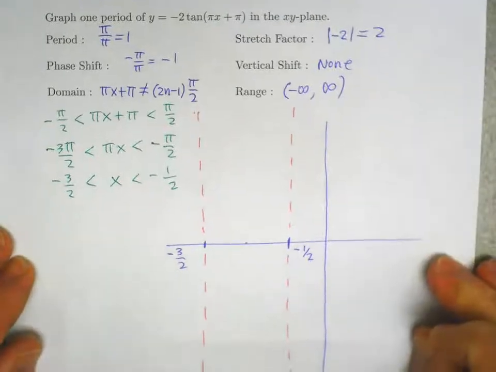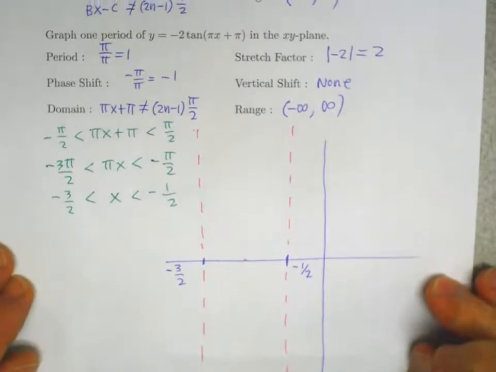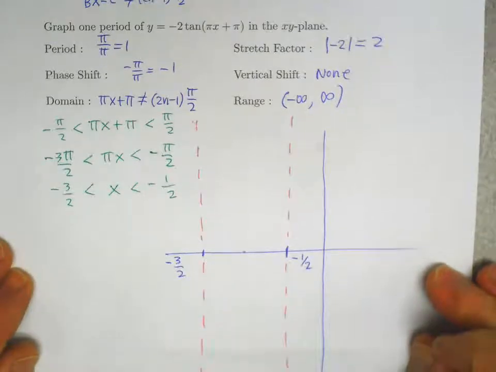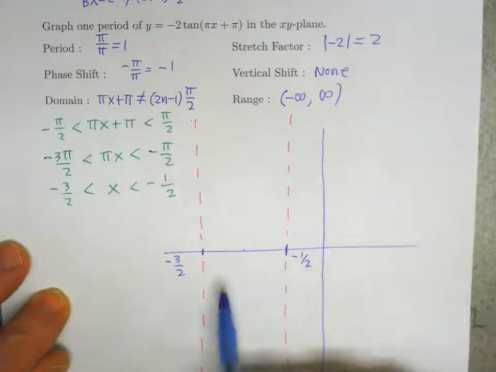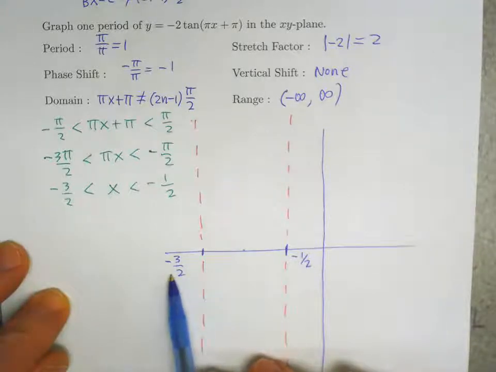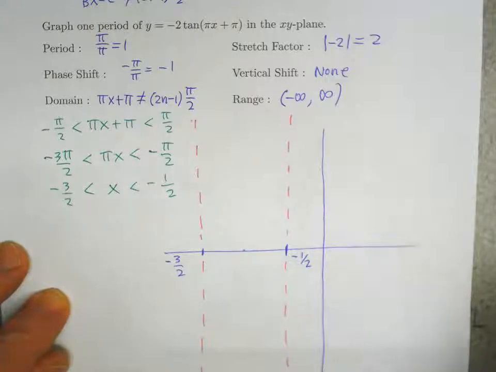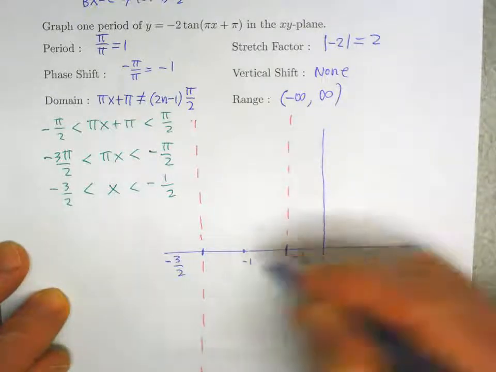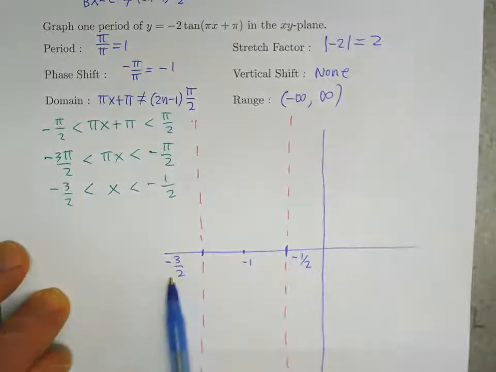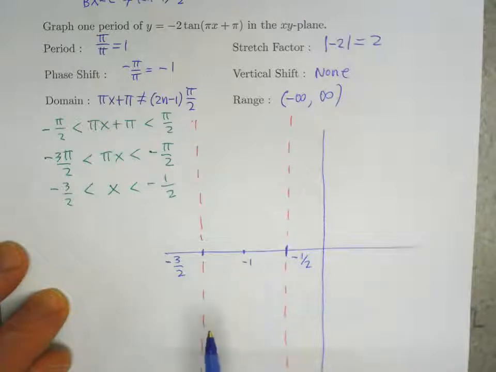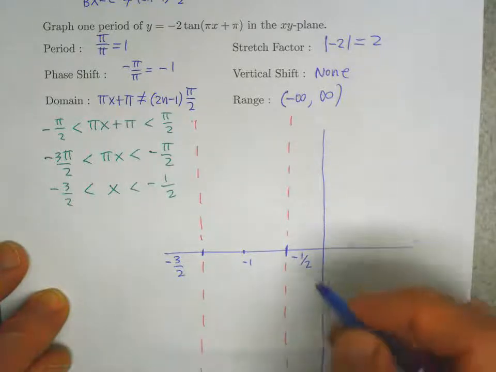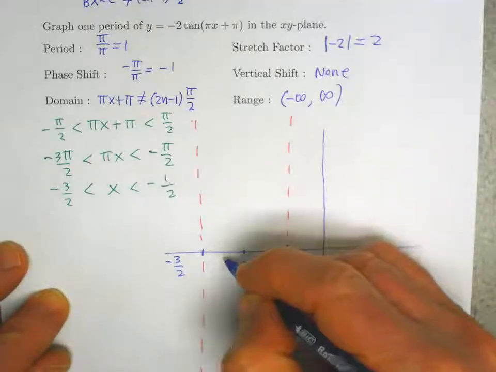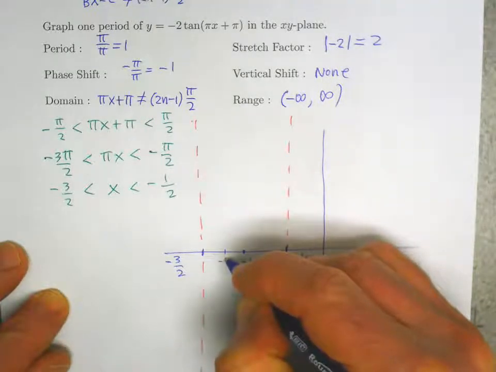So if we use the strategy that I suggested, divide this interval from -3/2 to -1/2 into 4 parts. The middle point is -1. And halfway between -1.5 and -1 is -1 1/4, or -5/4.